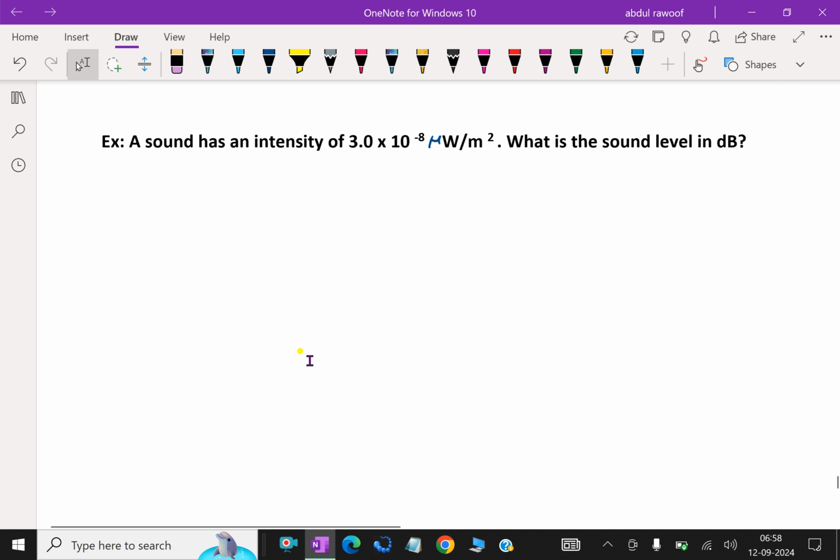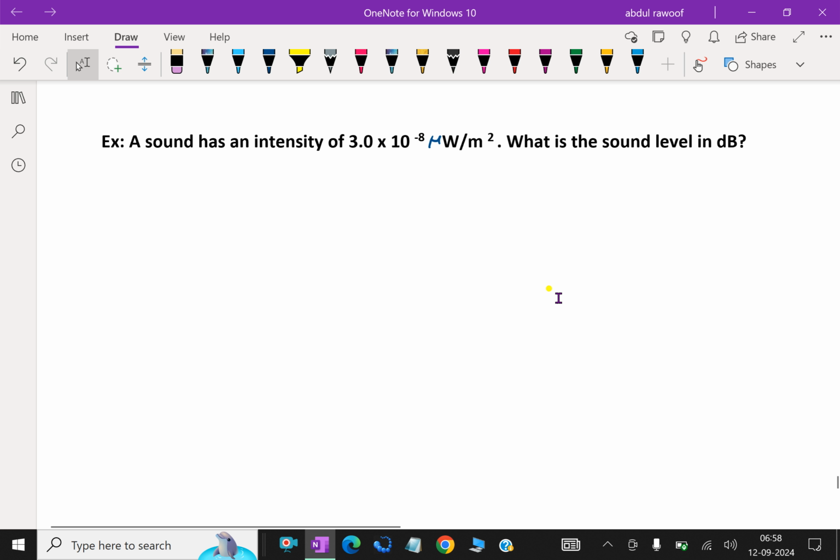The sound has intensity of 3 into 10 power minus 8 microwatts per meter square. What is the sound level in decibel? Here, the sound has intensity 3 into 10 power minus 8 microwatts per meter square.